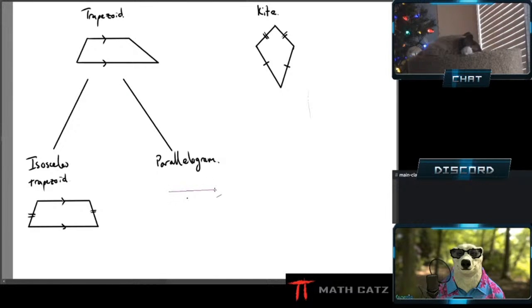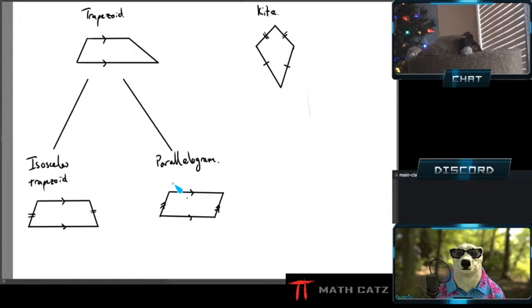A parallelogram says no, both pairs of opposite sides must be parallel. Just fix my drawing here a little bit and indicate those are parallel. Two arrows, those are parallel.